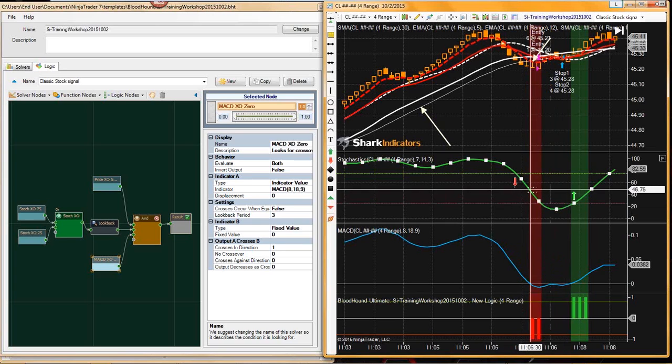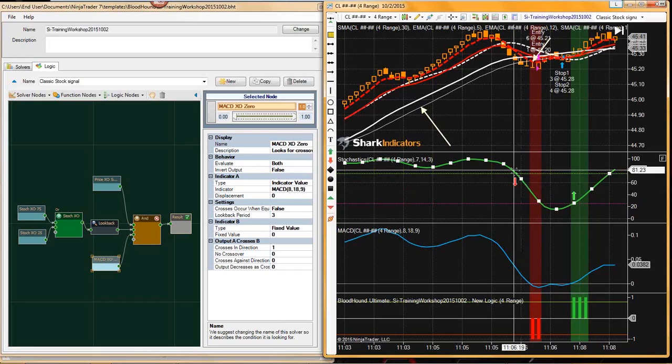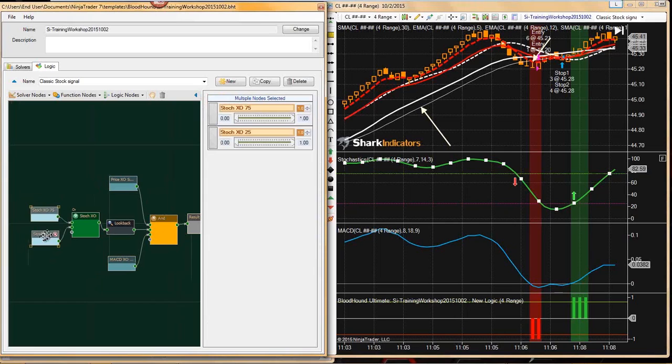So it's not that uncommon to have sometimes three solvers looking at one indicator to do one task. You could think of the stochastic rule as one rule, but it actually took two different conditions. And sometimes one of these rules will take three conditions or even four conditions, so you might need four solvers looking at one indicator to determine something.